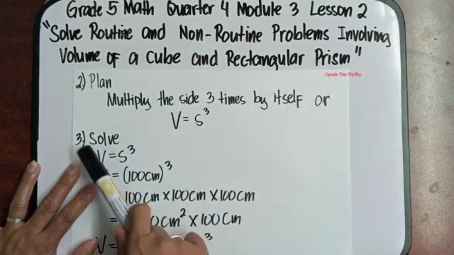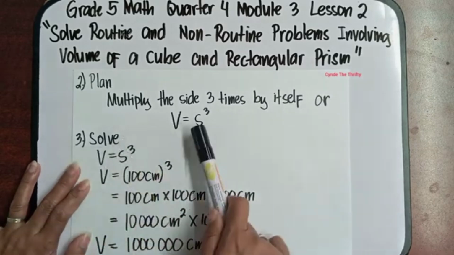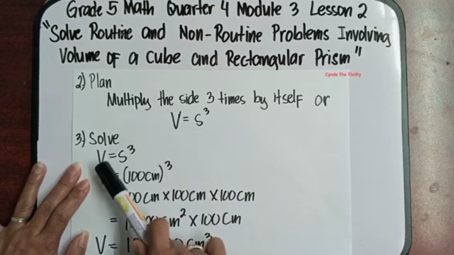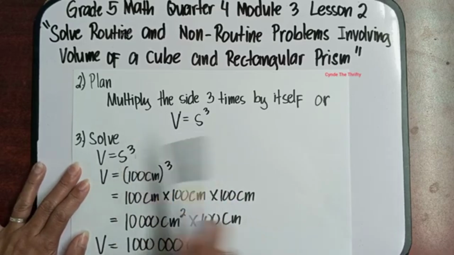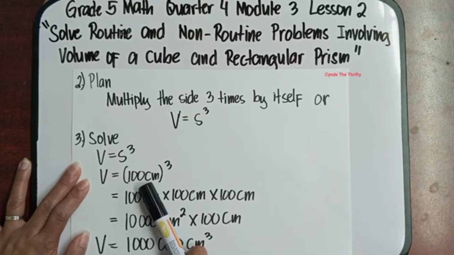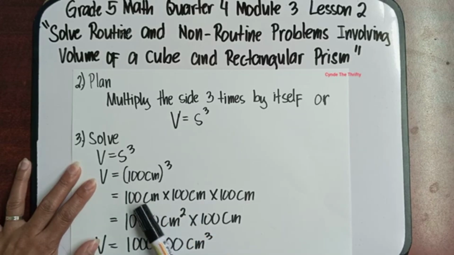Ngayon is sa solve na tayo. Sa solve, gagamitin natin ang ating formula na volume is equal to S cube, or side cube. Ano yung size ng kanyang side? 100 cm. So, volume is equal to 100 cm cube. Ang 100 cm cube, ibig sabihin, ang 100 cm, i-multiply mo ng 3 beses. 1, 2, 3.